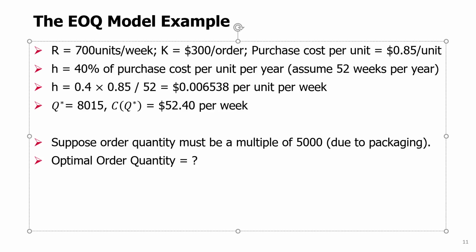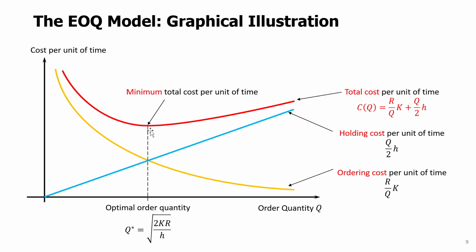So what should we do? Recall that this minimum value occurred at 8,015. If we want to choose a different value, it makes sense to stay as close as possible to this minimum value. If I go lower than optimal, less than 8,015, the closest is 5,000, or I can increase this value up to 10,000.